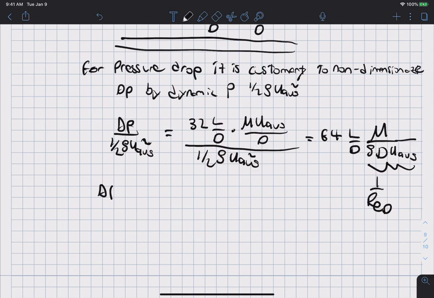So delta P over 1/2 rho U averaged squared is equal to L over D times 64 over Re_D.